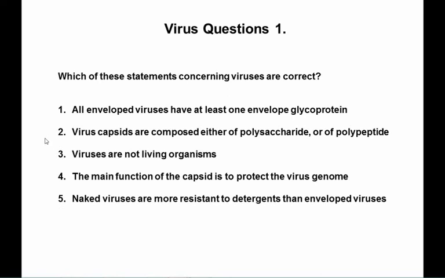So two. Any more thoughts on this one, everybody? Let's have a revote here. Come on, just make a decision here, true or false. So who says true? Who says false? People who said false, you're right. Protein. Capsid is always protein.